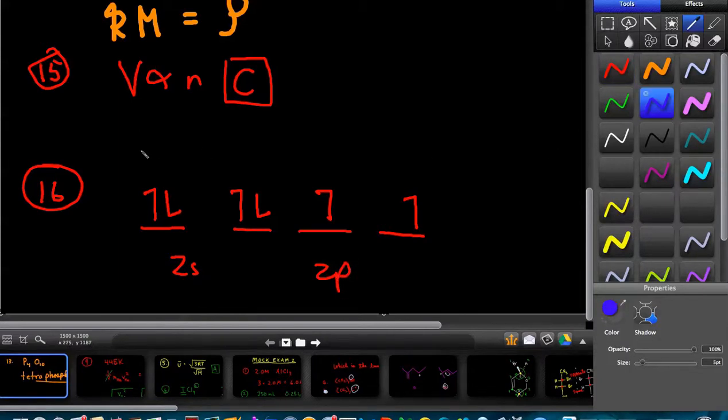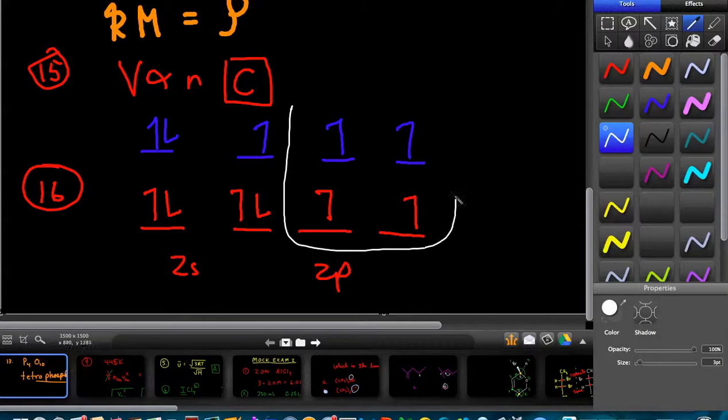Then I'll do nitrogen, 2s and 2p. One such structure has a nitrogen-oxygen double bond. Oxygen has 2 lone pairs. Nitrogen has 1 lone pair and an odd electron.